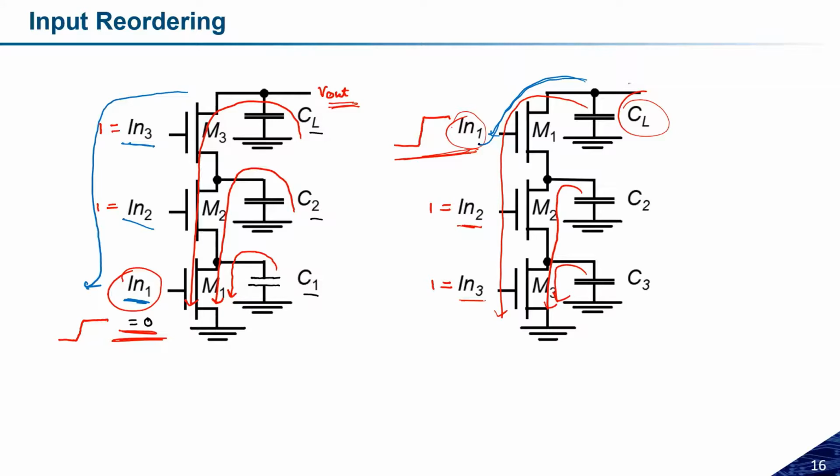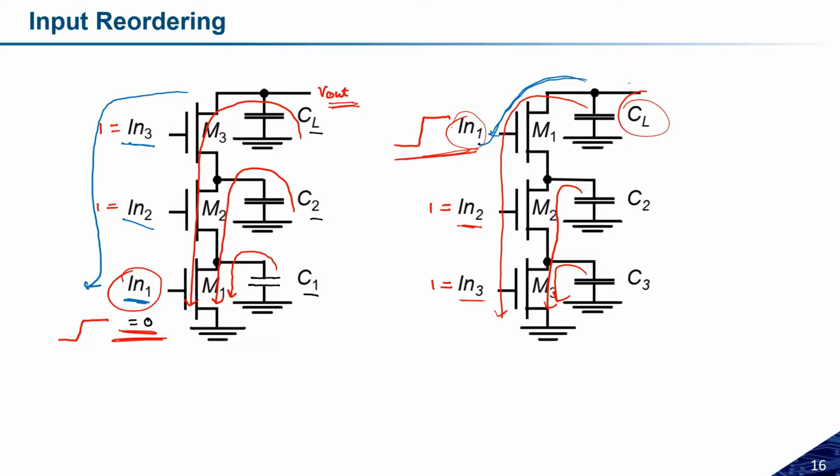And to make the critical path shorter, what you need to do? You need to simply make the critical input very close to the output. If that is the case, you will get better performance in terms of propagation. So is the point clear, or any doubt? Yes, sir, it is clear.